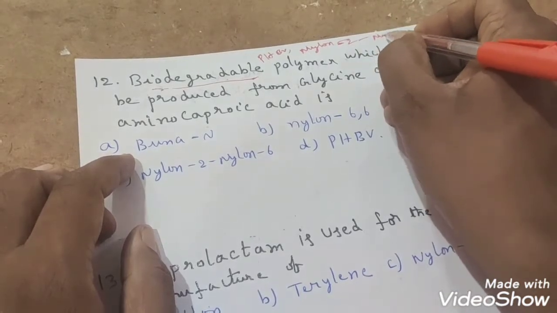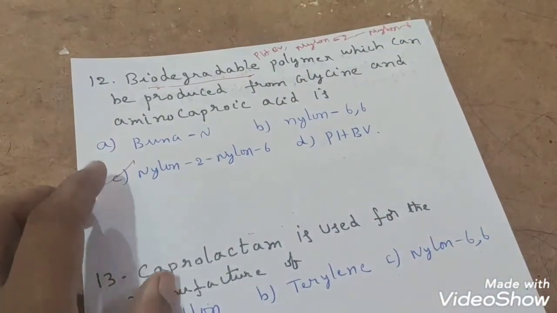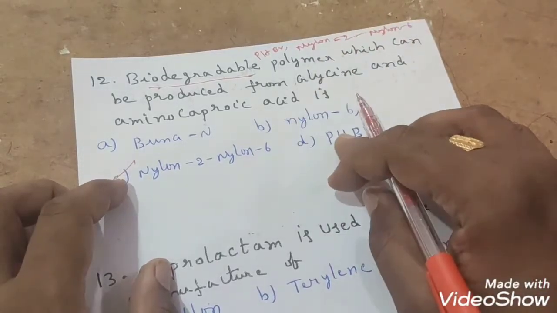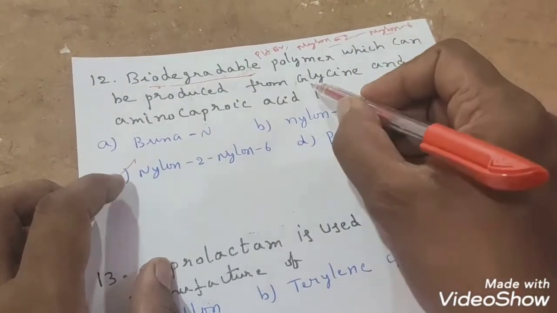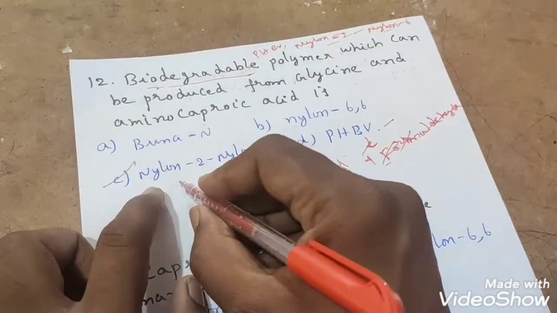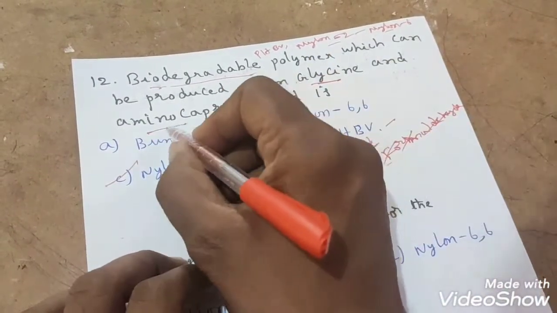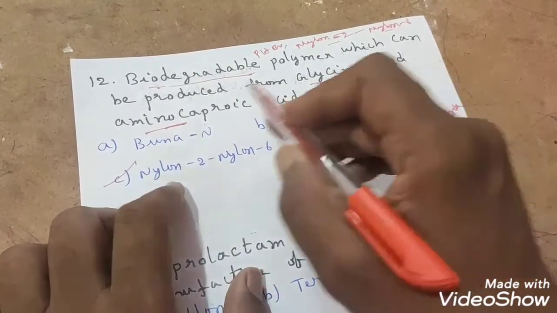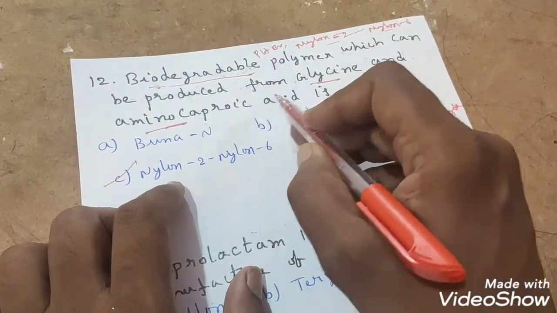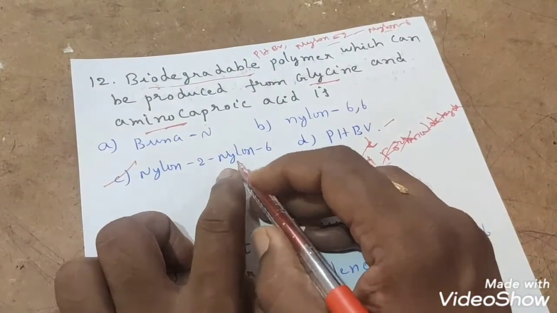So what is the correct answer here? Nylon 2-nylon 6. And the PHBV is the biodegradable polymer. But Nylon 2-nylon 6 came from glycine and aminocaproic acid. Nylon 2-nylon 6 monomer units are what? Glycine and aminocaproic acid. So here particularly they have asked glycine, aminocaproic acid, biodegradable polymer. So that's why Nylon 2-nylon 6.